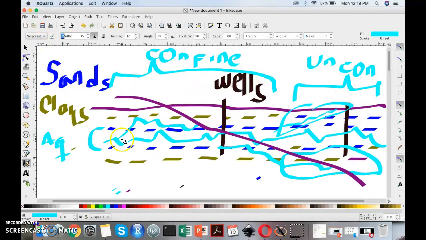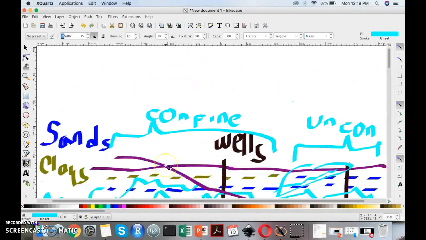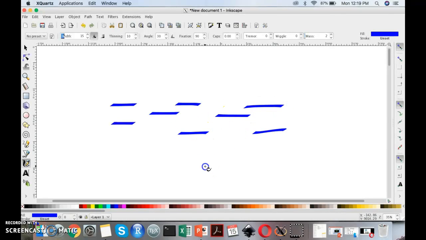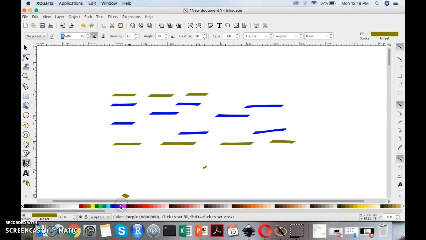Okay? So now thinking again about our soils just being there. So these are our sands again, right? And these are going to be our clays, but that doesn't matter for now. And these are going to be the surface.